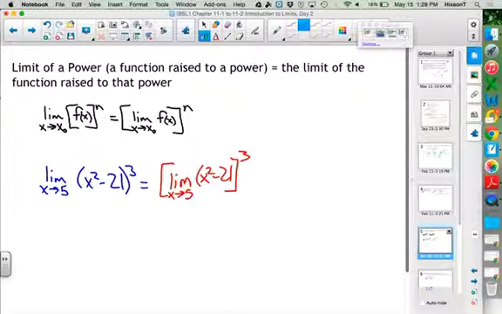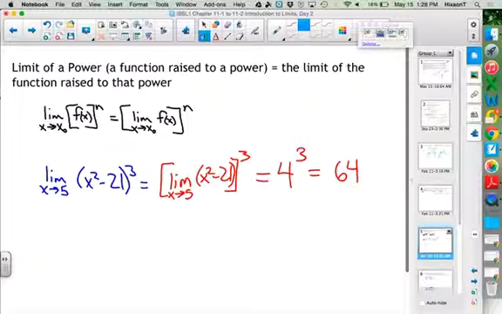So now we're back to one of our rules that we already know. We're finding the limit of a polynomial. What is the limit of x squared minus 21? 25 minus 21 would be 4, and then I do the 4 cubed, and that would be 64.